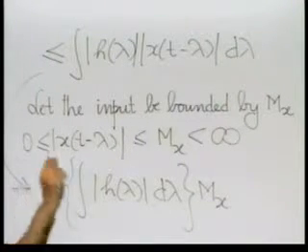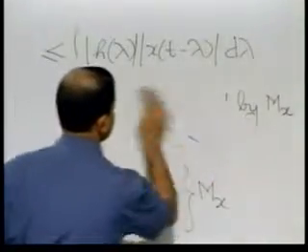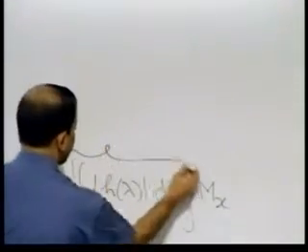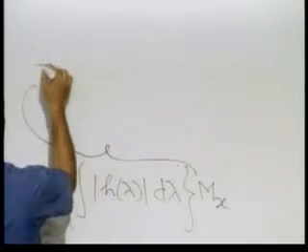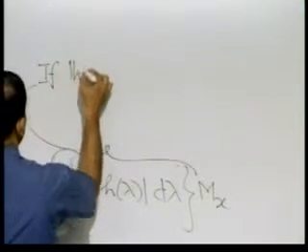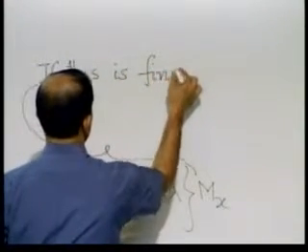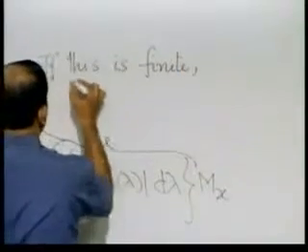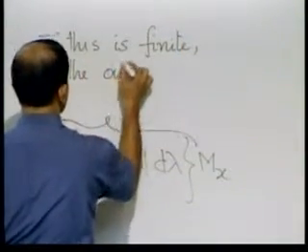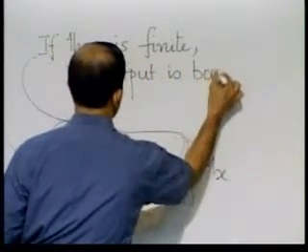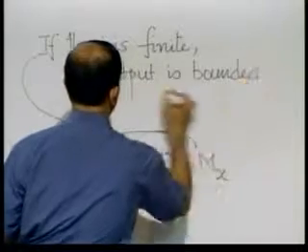Right? So what is our conclusion? I think we should write it down clearly here. If this quantity is bounded, if this is finite, the output is bounded, and the system is stable.